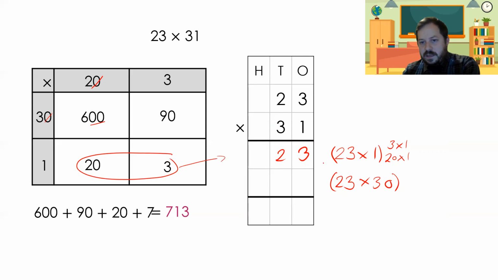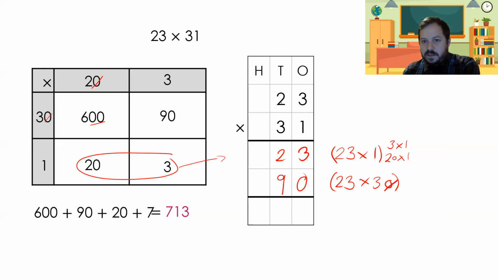Then we're looking at the next section, which is 30 times 23. Now, we're starting in this column here, so we're starting in the tens column rather than the ones column. So we can straight away know that we're timesing by 10 and put the 0 in there. And then we can just use our times tables to do the rest of it. We do 3 times 3, which is 9, and that goes in the tens column.